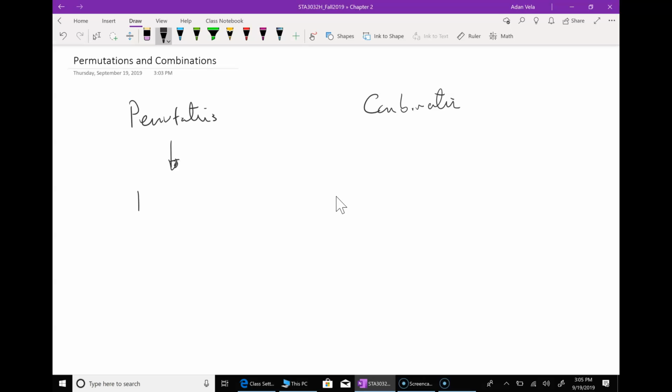It comes from the product rule that we mentioned earlier. Okay. And then, actually I drew this arrow the wrong way. Combinations can be a simplification of permutations.